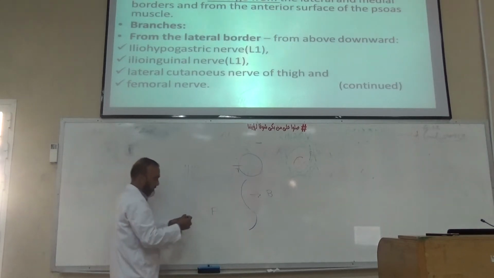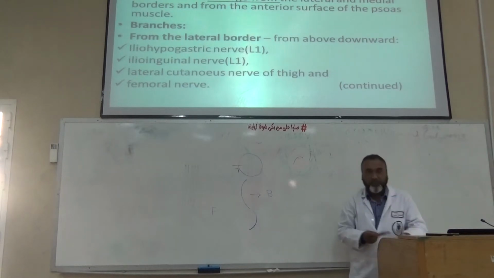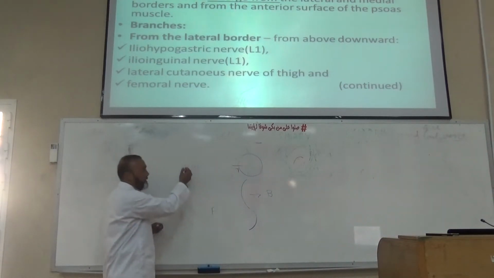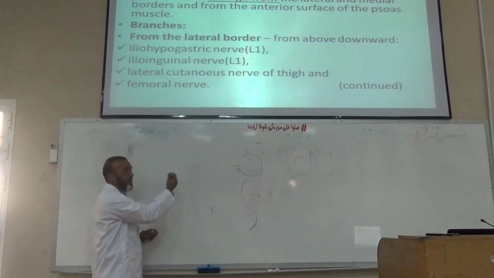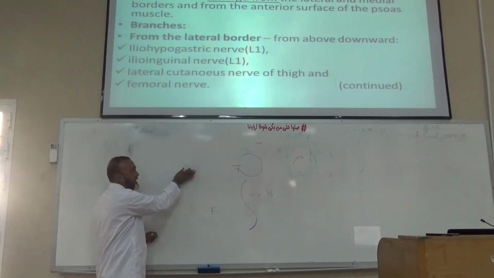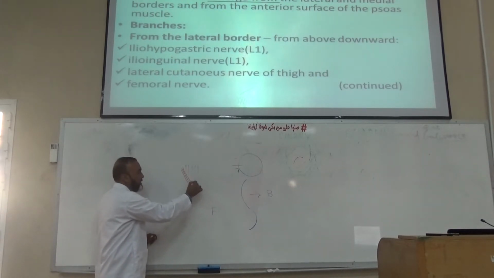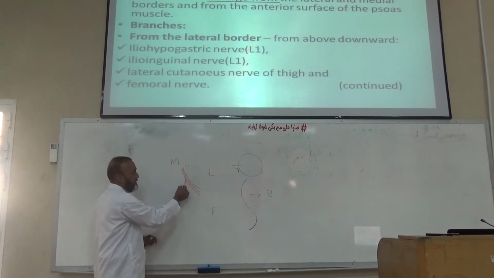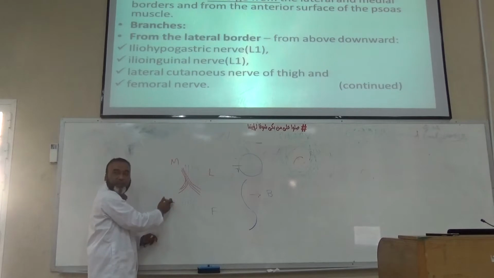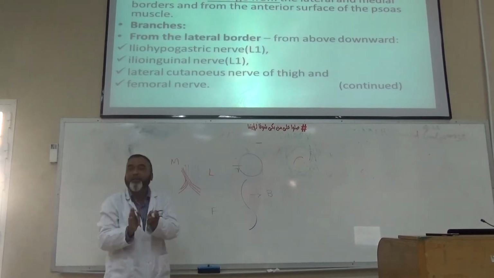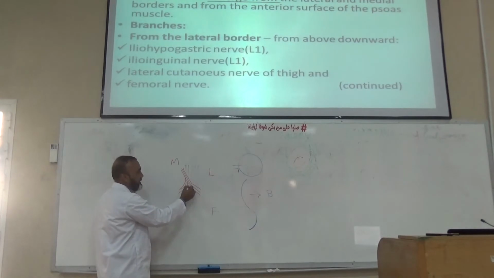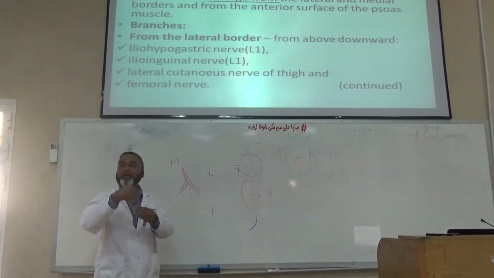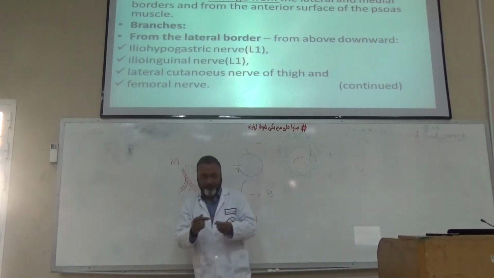The branches of the lumbar plexus, which lies behind it, come out like this: this is the lateral side and this is the medial side. Some come from the medial border, some from the lateral border, and one of them comes from the anterior surface of the psoas major muscle.